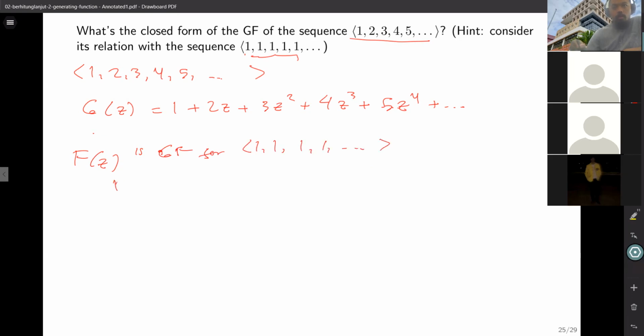As we saw, F(z) is actually this one over 1 minus z, right? Now, what is the relationship between F and G here? Can you get G from F?